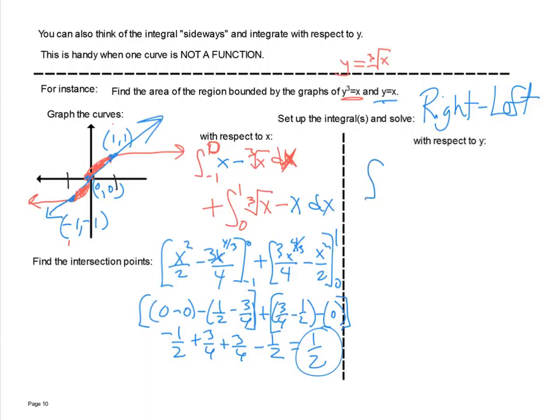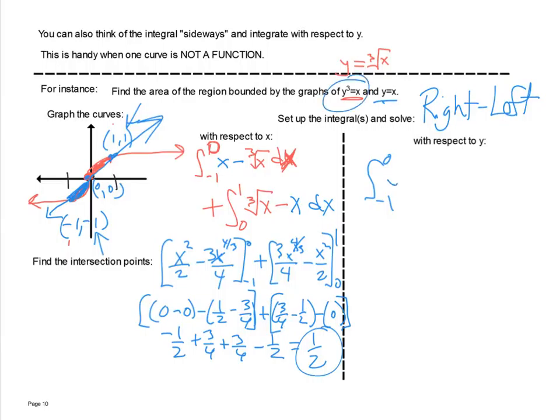So when we set up this integration with respect to y, we're still going -1 to 1, but we have a stopping point of 0 in there, so -1 to 0. And then on this portion right here, this bottom portion from -1 to 0, we have our right-hand curve being the cubic. But remember, we have to solve it, and I'm still doing it with respect to x because my brain likes to work that way, as I'm assuming yours does too.